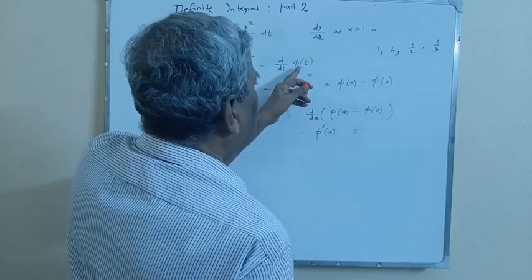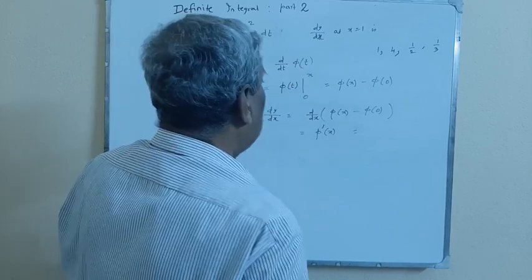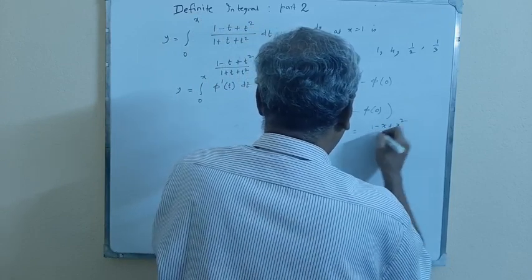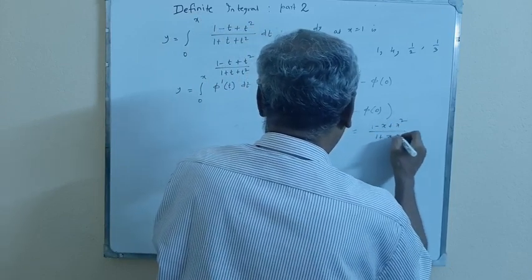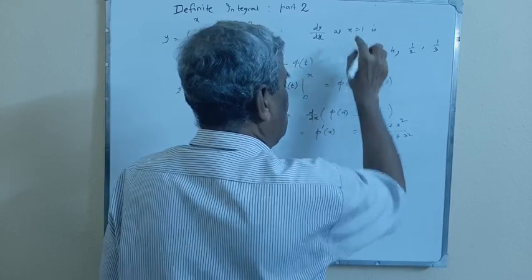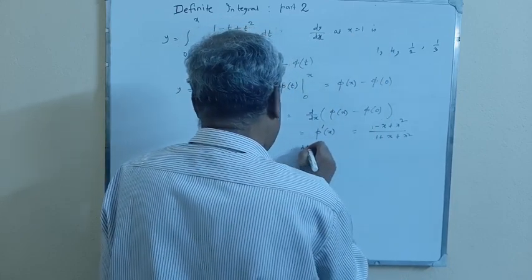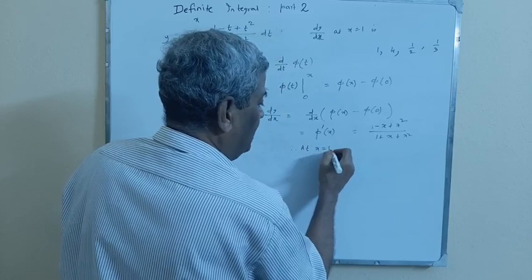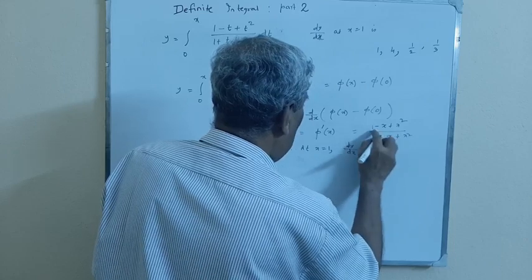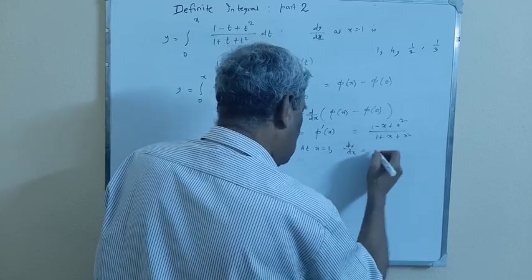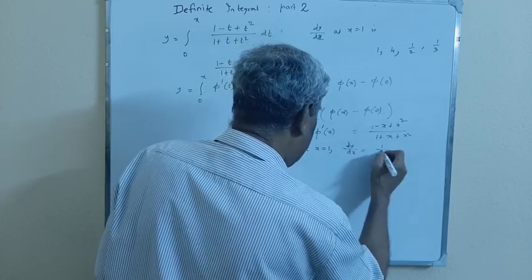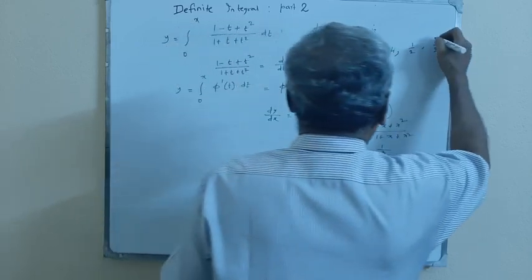But I have taken that phi dash t is equal to that, so phi dash x will be 1 minus x plus x square divided by 1 plus x square. Now we have to find the result when x is equal to 1. Therefore, at x is equal to 1, dy dx is equal to 1 minus 1 plus 1, so 1, divided by 1 plus 1 plus 1. 1 by 3 is the answer. So this is our answer.